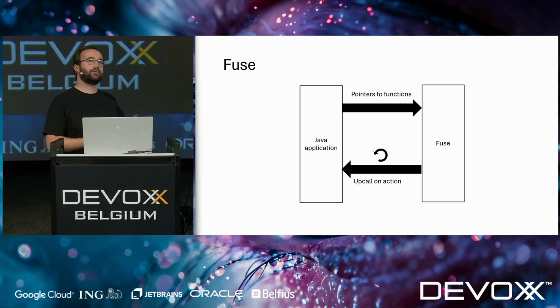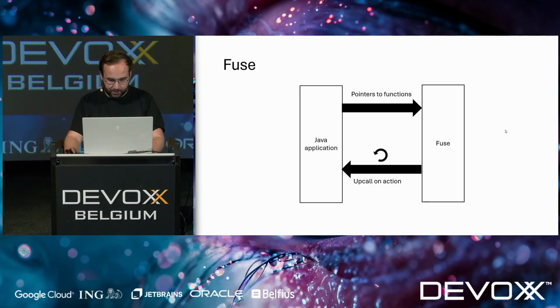It will mount itself to a directory of our choosing, and when an action happens, for example the list command, it will fire off the read directory method in our Java application. Then we've got the complete circle. We are going to make a down call using a struct that we fill in, and then it can make some up calls back to our Java application. So then we've got all the ingredients that you need to integrate almost any C library.